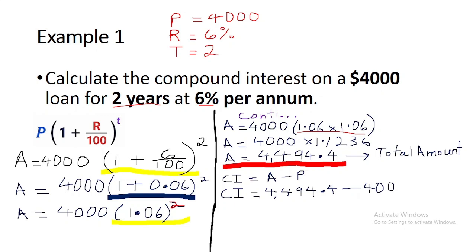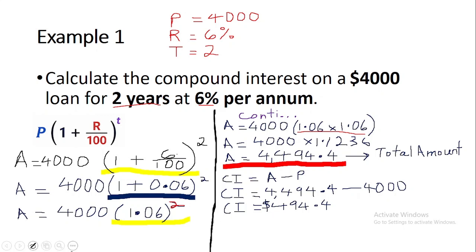So after subtracting, we should get our compound interest for 2 years to be 494.4 dollars.